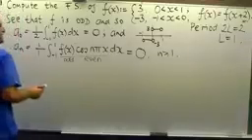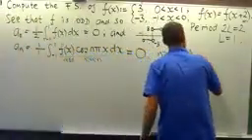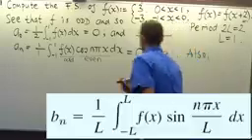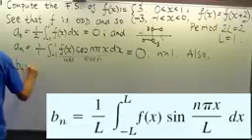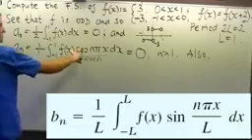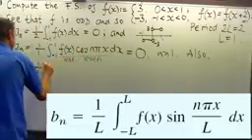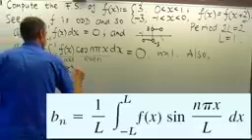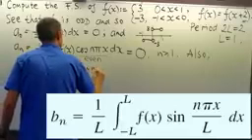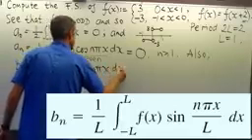What about the b sub n? Well, b sub n is similar to this, but you replace cosine with sine. So where does that take us?